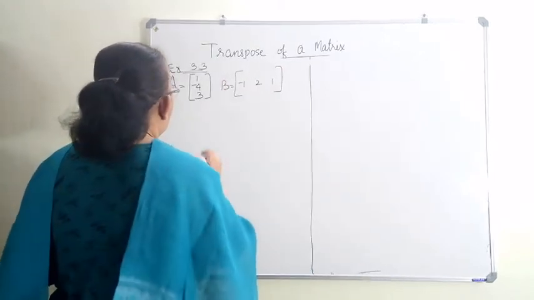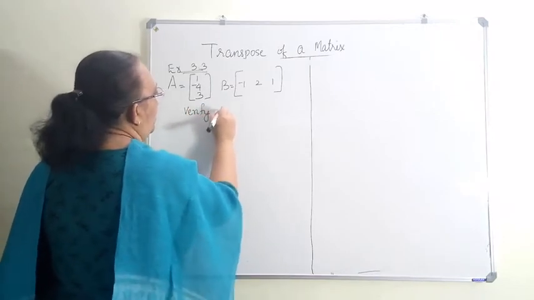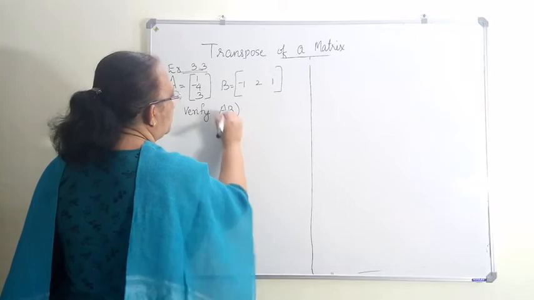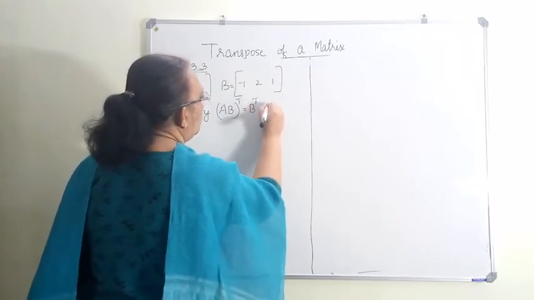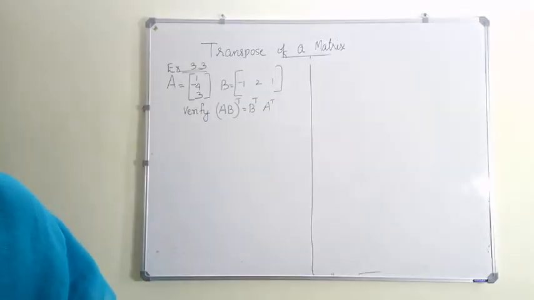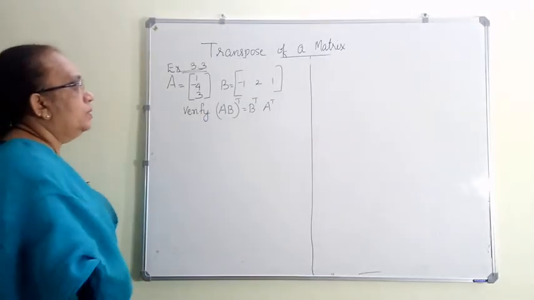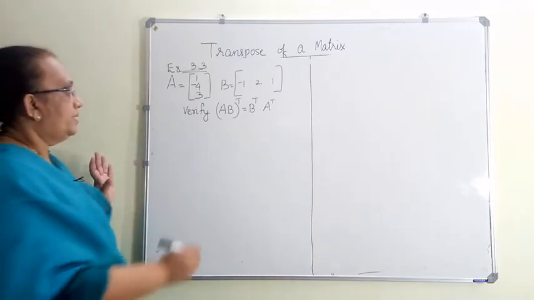The question is, verify AB the whole transpose is equal to B transpose into A transpose. Okay. So first of all, let us see whether they are conformable for multiplication.